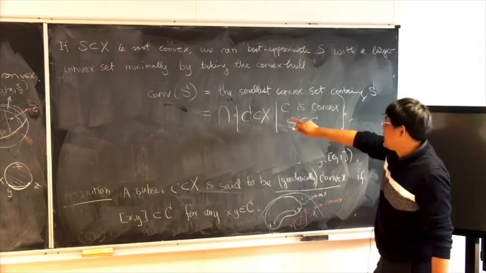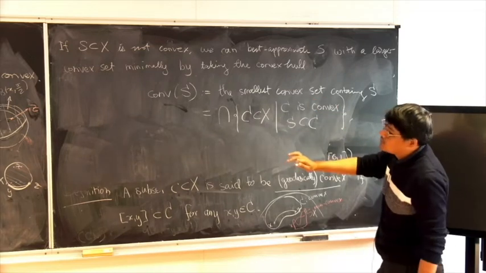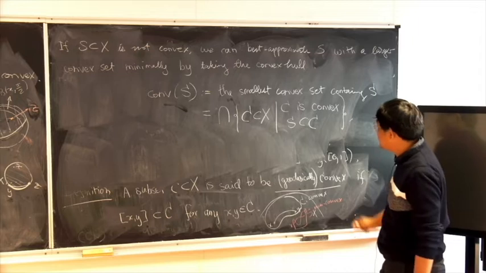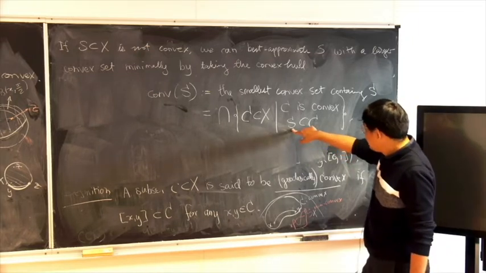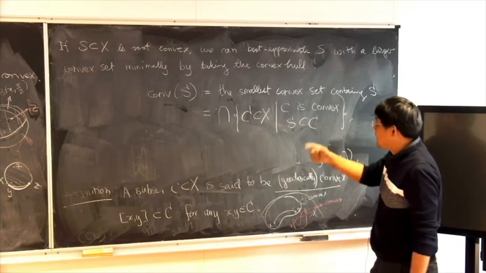Of course, you take C, which is convex, then the resulting set, which is an arbitrary intersection of convex sets, is again convex. And since S is a subset of C, this intersection is a superset of S.